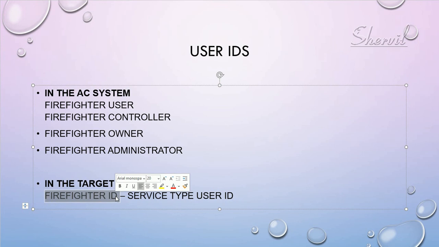Okay. And again, like all the remaining roles, there is another role that needs to be assigned, a standard delivered role, or a copy of that delivered role, needs to be assigned to the firefighter user ID.